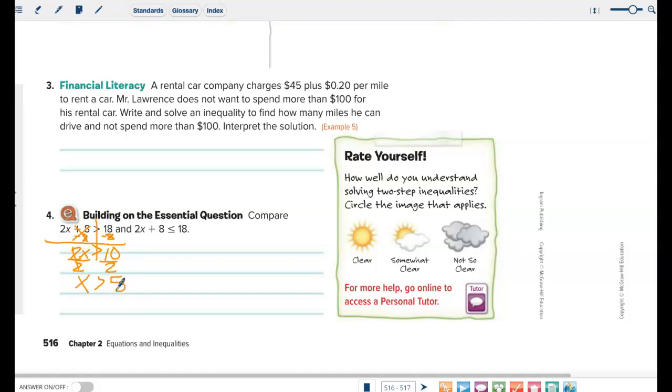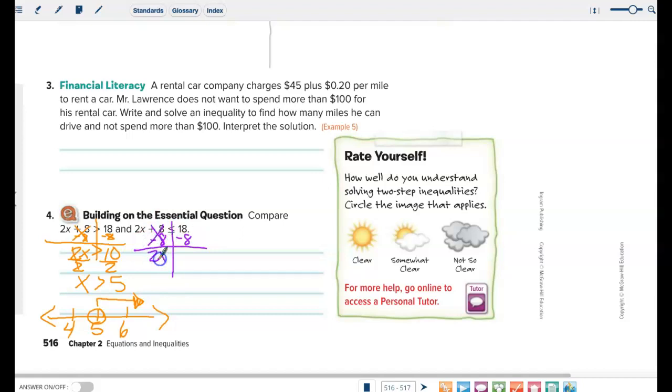Okay, if I was to draw that on the number line, I have 5, 6, 4. I have an open circle because it can't equal 5, but the arrow is going to go that way in order to show it's greater than. On the other one, I'm going to subtract 8, make a zero pair.